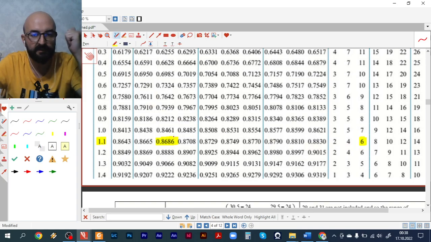This value is 1.12, and 0.006 is for the third decimal value.